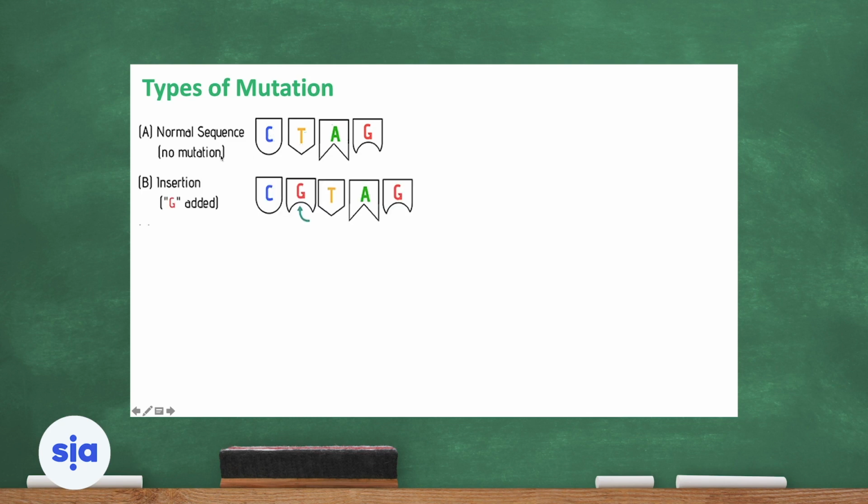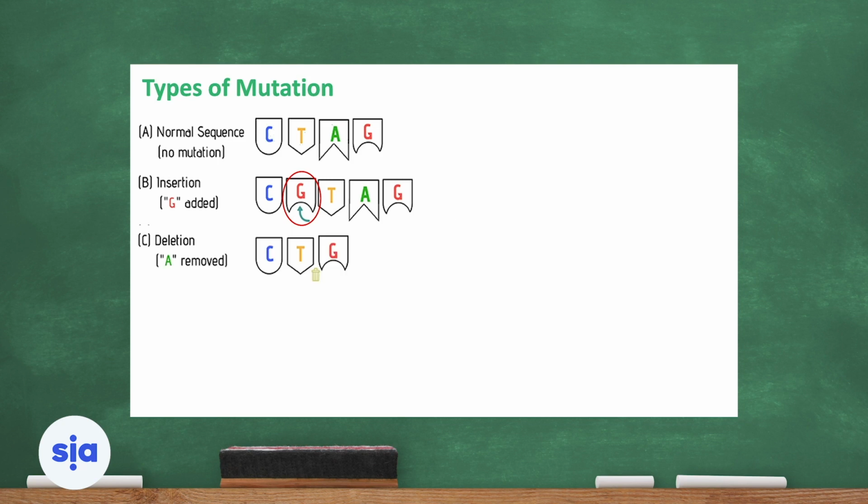Let me show you another example where a guanine base could be inserted in this place, and this mutation is called insertion. So this forms a new sequence, which is not the same as the normal sequence. So here is an insertion mutation.